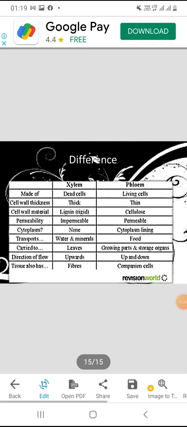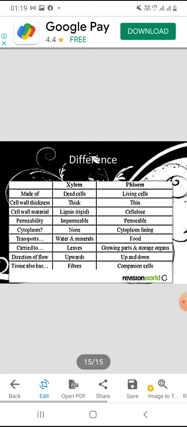Here you can see the three columns which show the differentiation between xylem and phloem. First, cell wall thickness: thick in xylem, thin in phloem. Cell wall material: xylem lignin, phloem cellulose. Permeability: xylem impermeable, phloem permeable. Cytoplasm: xylem none, phloem cytoplasm present.